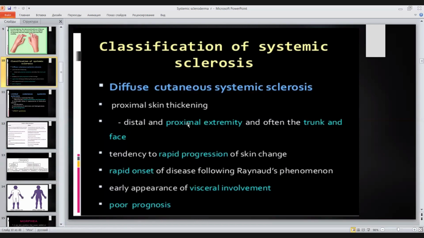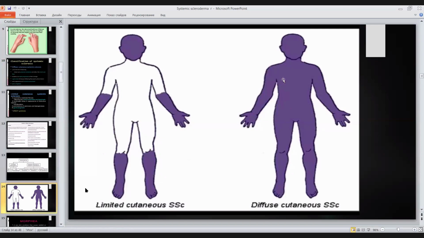And except this, there will be early involvement of internal organs, fibrosis, and bad prognostic factors. How can you differentiate whether it's diffuse or limited? You should check the proximal part of the body. If you find change of the skin in this part, you should understand that it is the diffuse form.